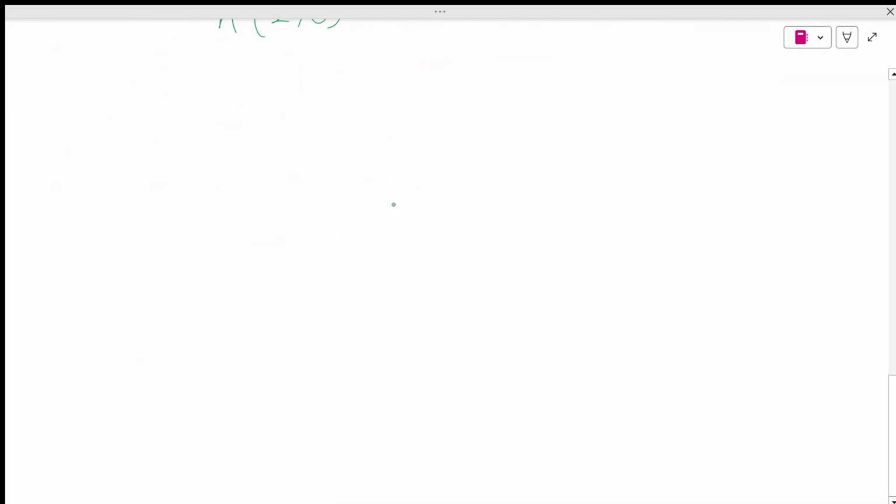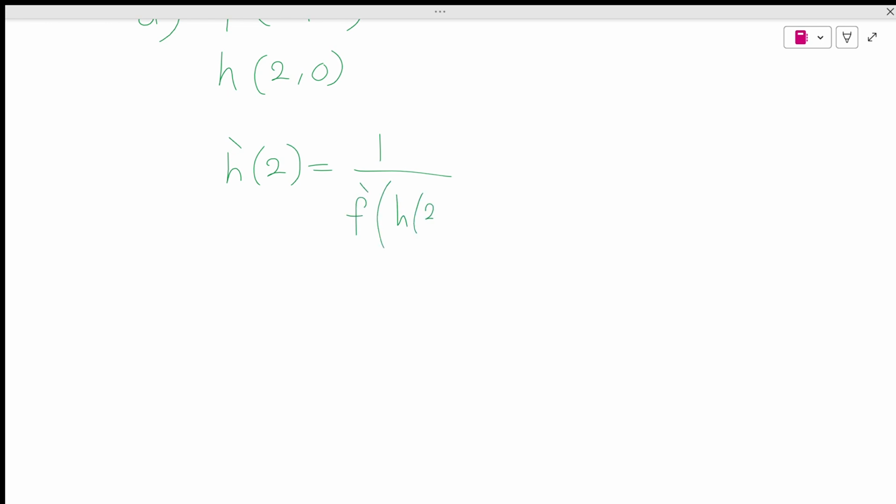Now again, going back here, it's asking for h prime of 2. So h prime of 2 will equal 1 over what? 1 over f prime of h of 2.